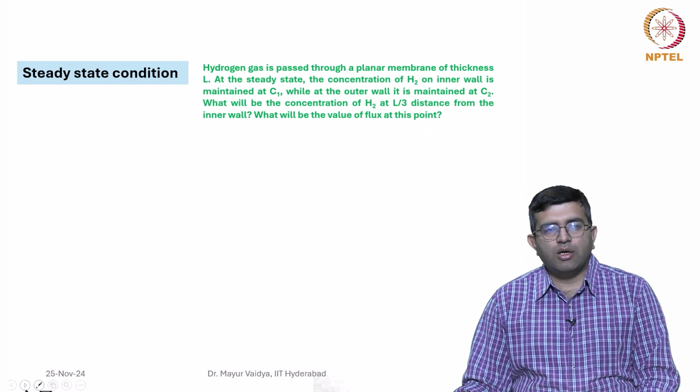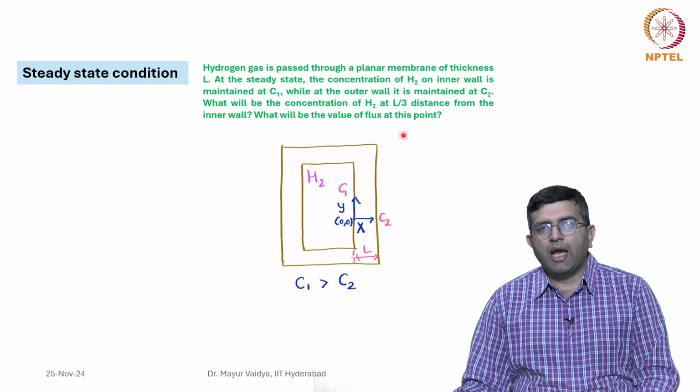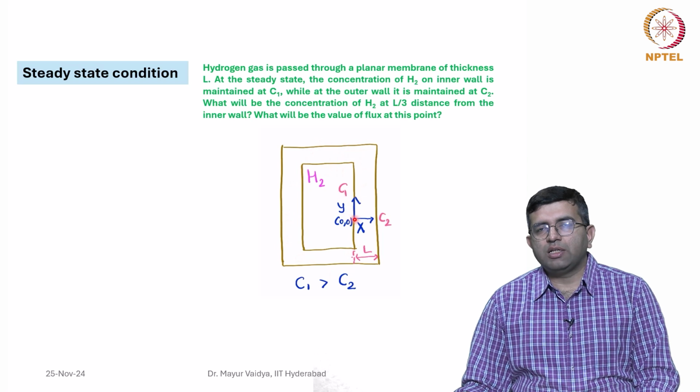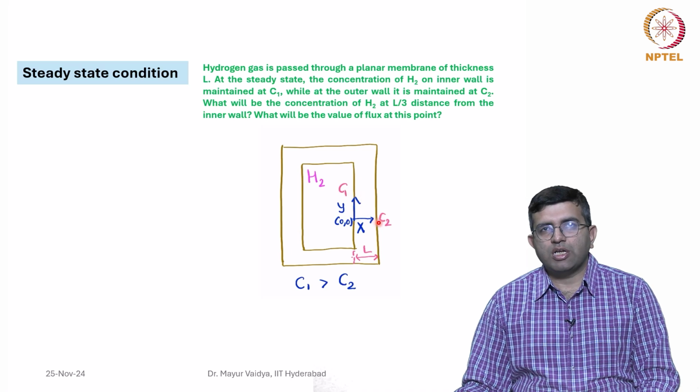Now let us see the 4 steps that we outlined last time, and this is how the problem looks. This is your planar membrane with hydrogen. At the inner wall you have the concentration C1, at the outer wall you have the concentration C2, and it is maintained.